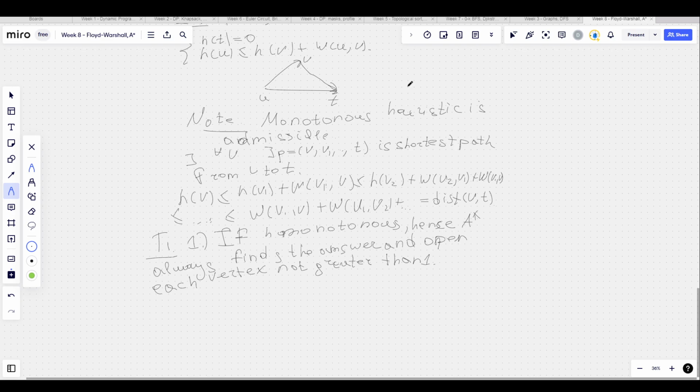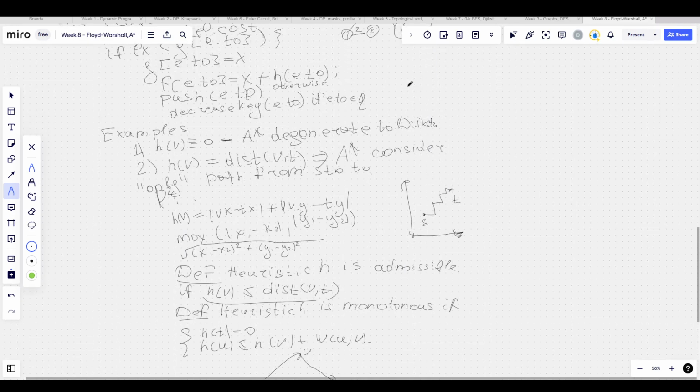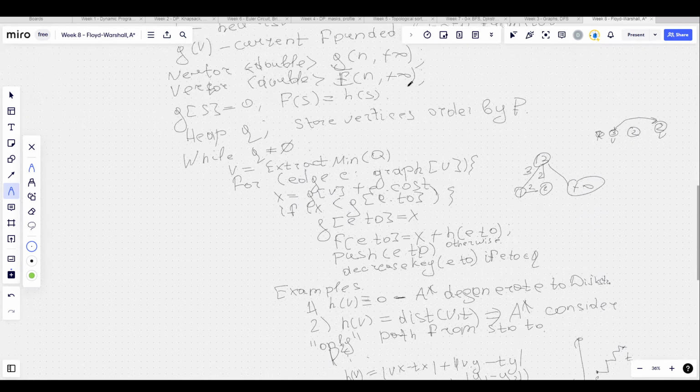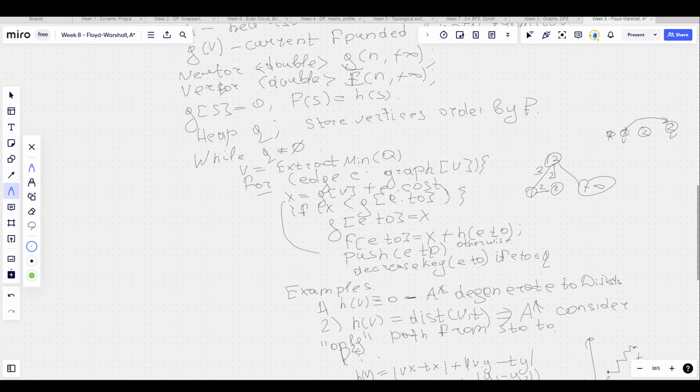I mean by open this cycle, this condition for every edge. When we consider all the paths from some vertex, it means we open this vertex.